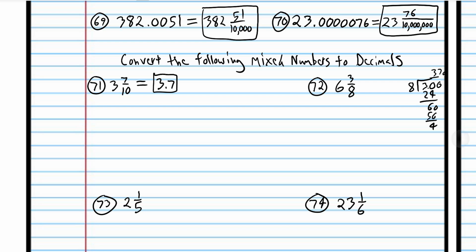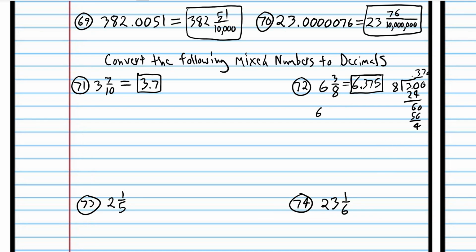And long story short, you're going to find that it's 0.375. So you write the 6. Actually, I'll write it up here. Write the 6 and then 0.375. So again, you just use long division with 3/8. You turn it into a decimal.